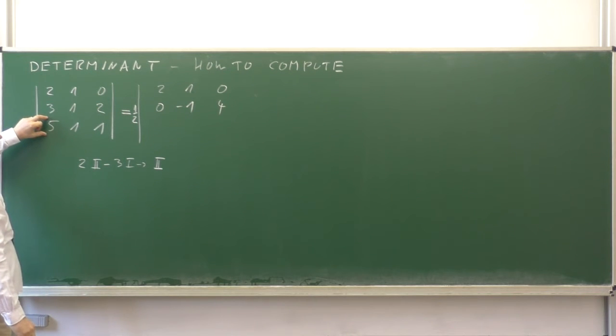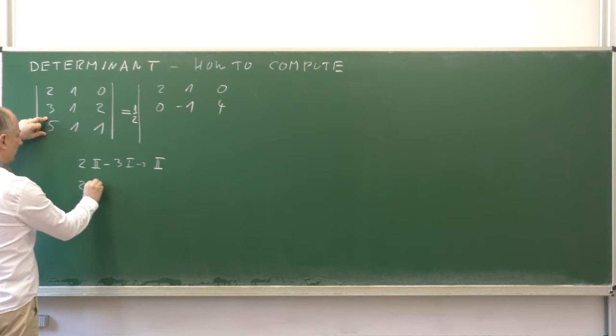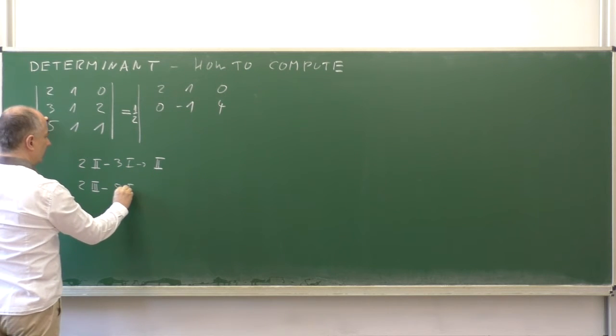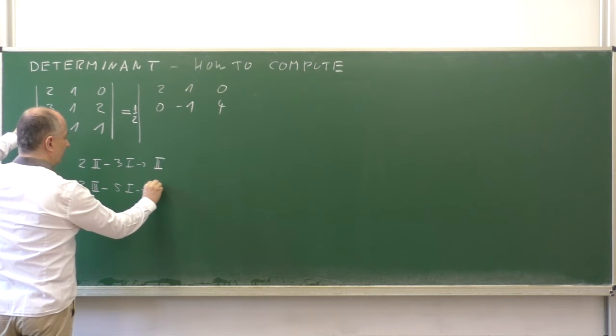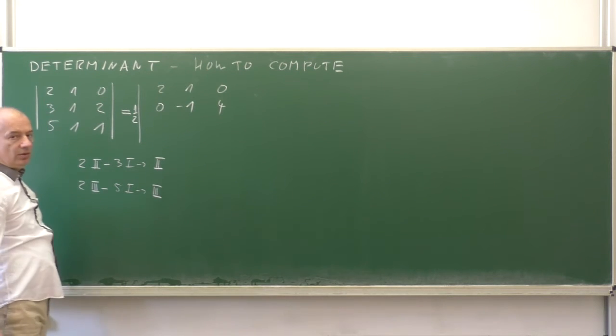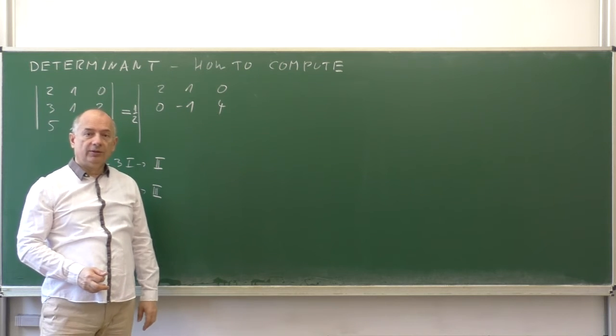And similarly, to get 0 instead of 5, we take 2 times the third row and we subtract 5 times the second. And that will be the new second row. But when we multiply the third row by 2, we increase the determinant by a factor of 2.